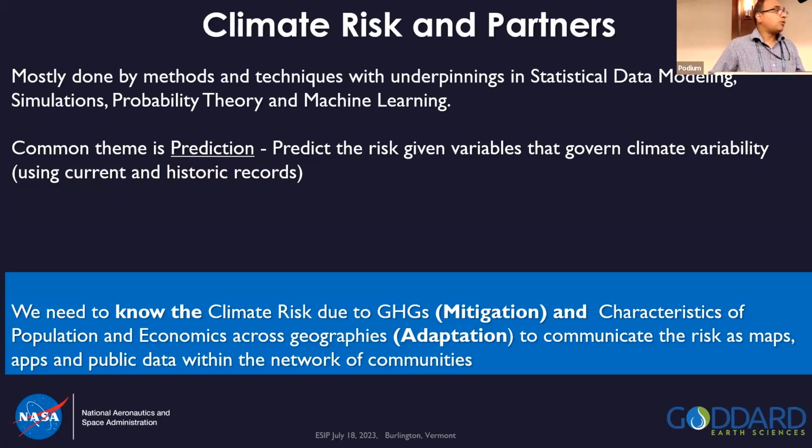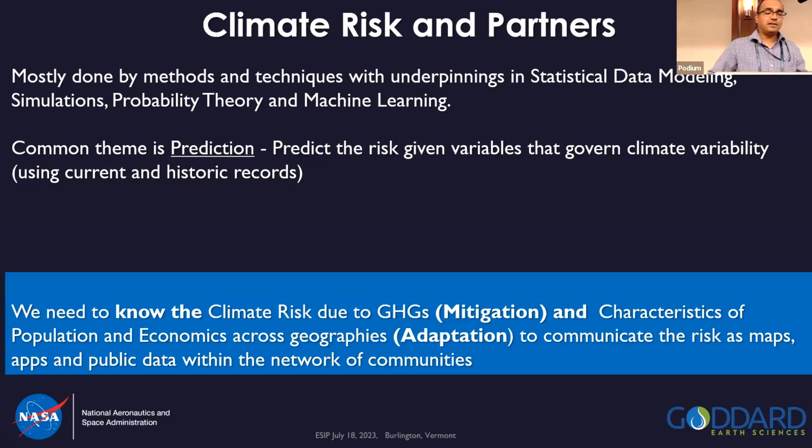So climate risk models are mostly done. Again, I'm no expert in it, but generally speaking, there are methods and techniques with underpinnings in statistical data modeling, simulations, probability theory, and machine learning. And the common theme amongst being able to solve problems across these various domains is prediction.